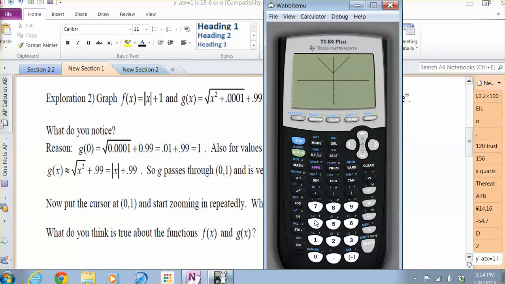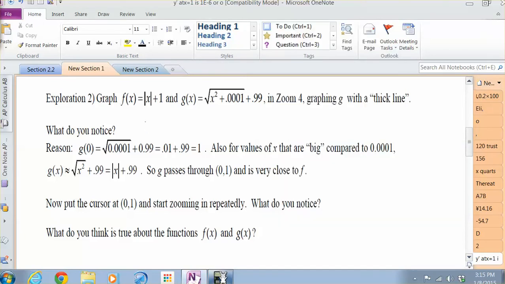Okay, so right now, I don't really see anything drastically different. They look like they're about the same. Oh, and actually, you know what?